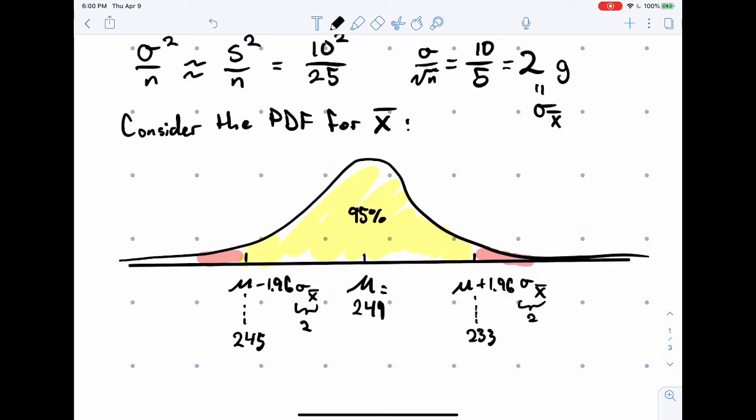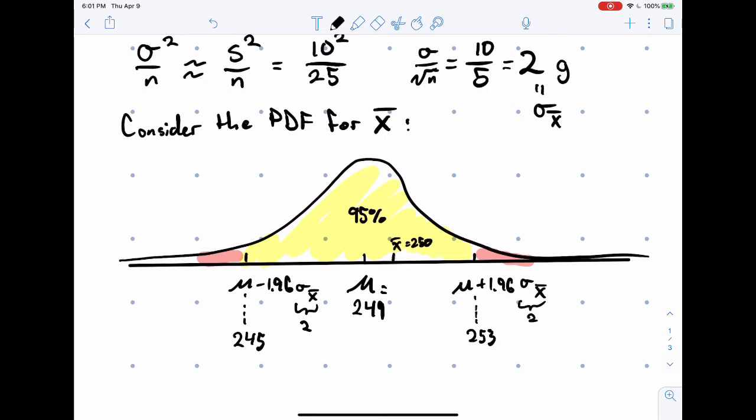This is 253. So the value that we actually observed for the mean was right here, X bar, which is equal to 250.